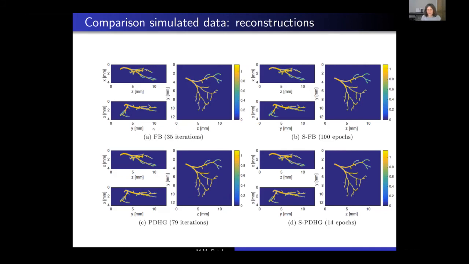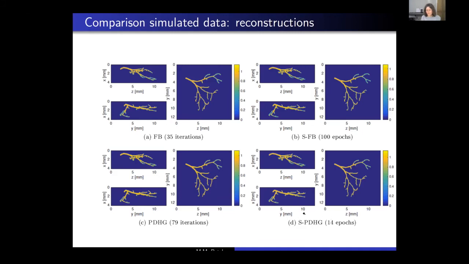Another thing that is important is the number of iterations here. To achieve this wonderful state in which all these methods found themselves, the forward backward method needs 35 iterations, and then the primal dual hybrid gradient needs 79 iterations. The stochastic forward backward needs 100 iterations, but this has to be taken with a grain of salt, which will be visible on the next slide.